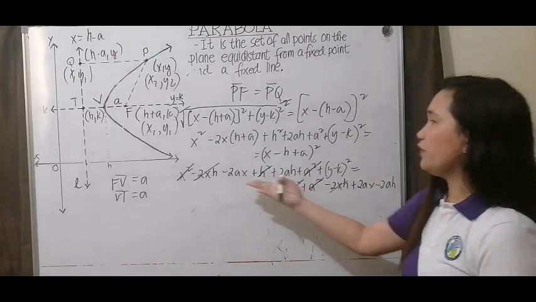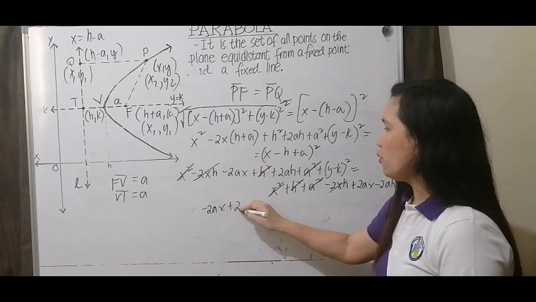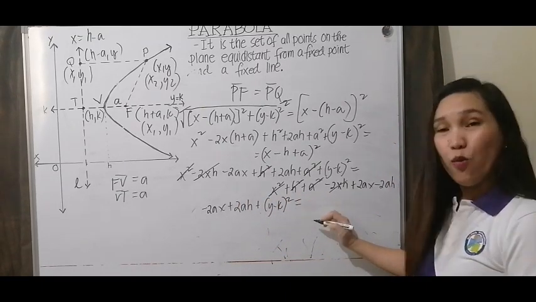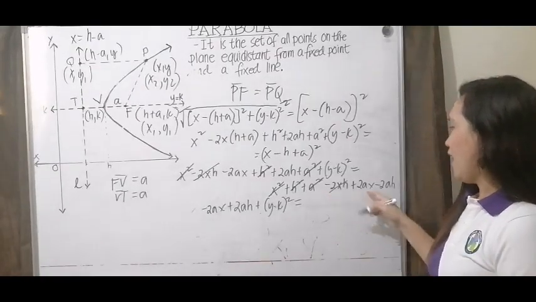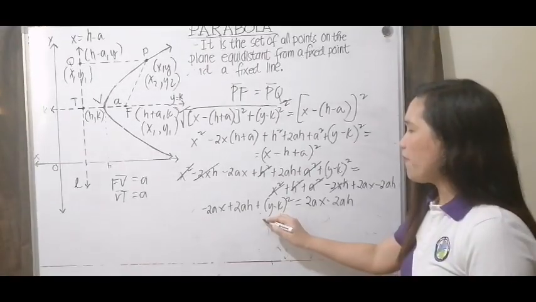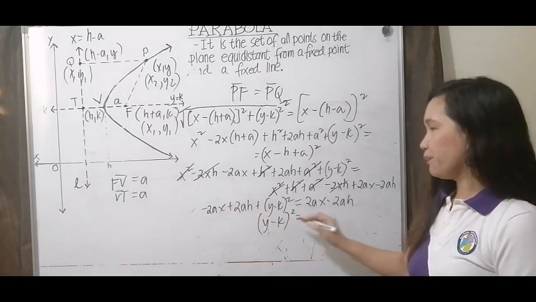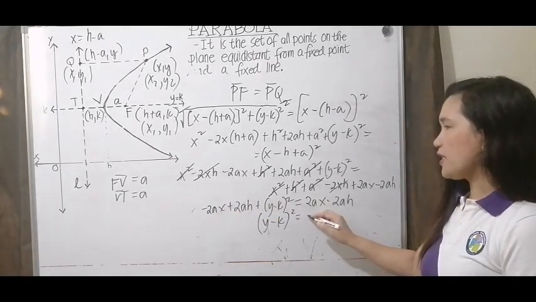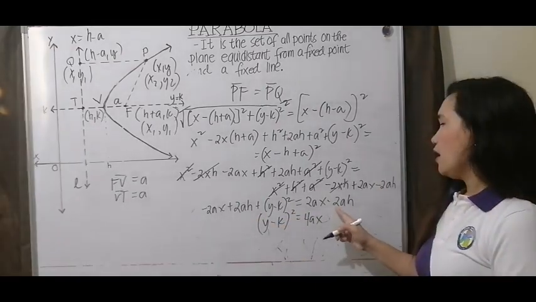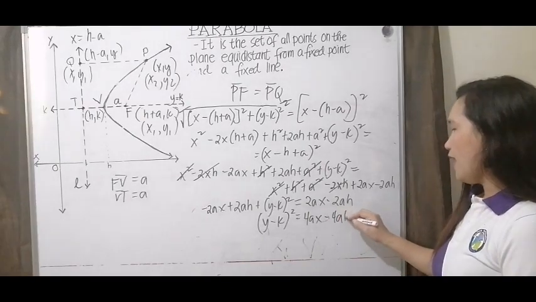So what's left on the left-hand side would be negative 2ax plus 2ah plus (y - k) quantity squared equals 2ax minus 2ah. So simplifying further, we have (y - k) quantity squared equals 2ax plus 2ax, which is 4ax, and negative 2ah minus 2ah, which is negative 4ah.